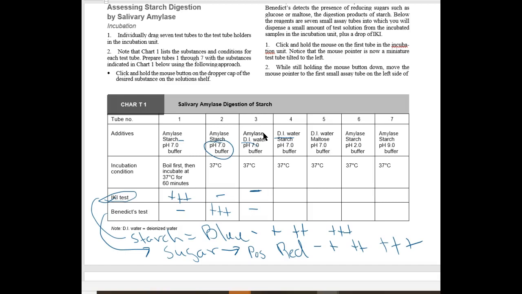And then here we add starch but no enzyme. So because there's no enzyme to digest our starch, all the starch will still be there and we won't get any sugar. So taken together, these two negatives mean that you have to have starch and you have to have enzyme in order to get sugar.